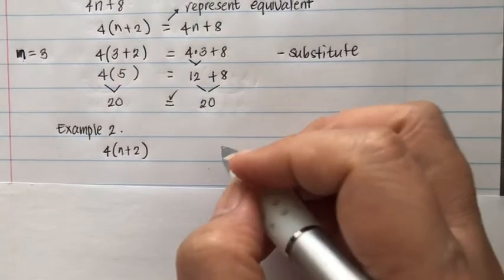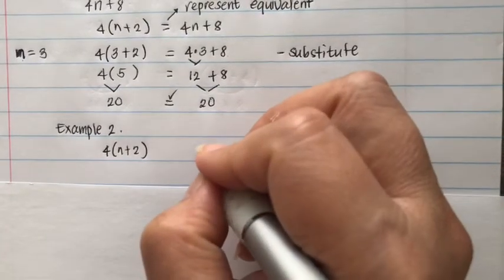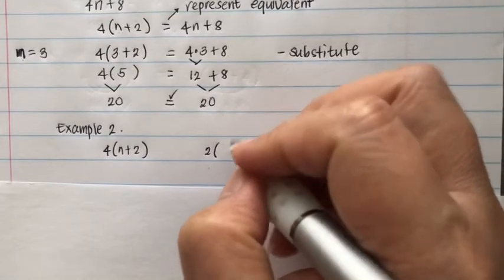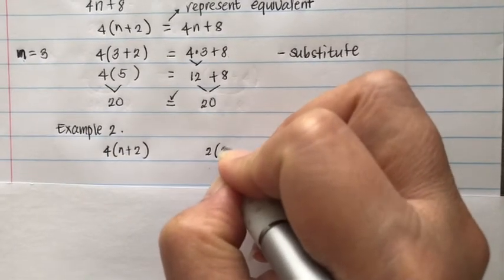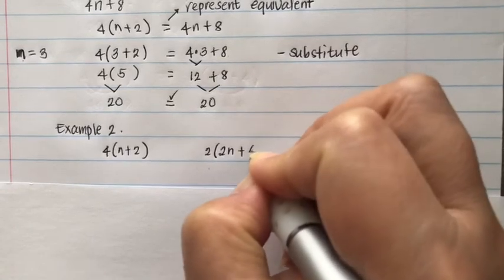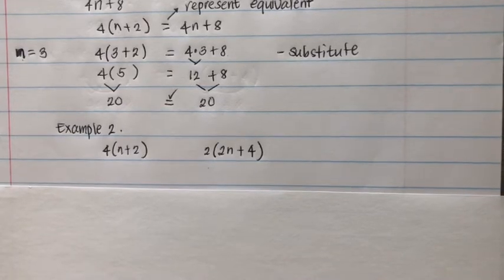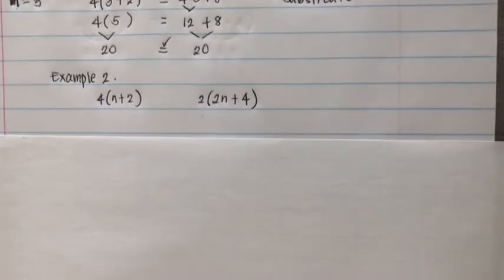I want to see if it is equivalent to 2 times quantity 2n plus 4. It looks different, but we will see if we can obtain the same value.